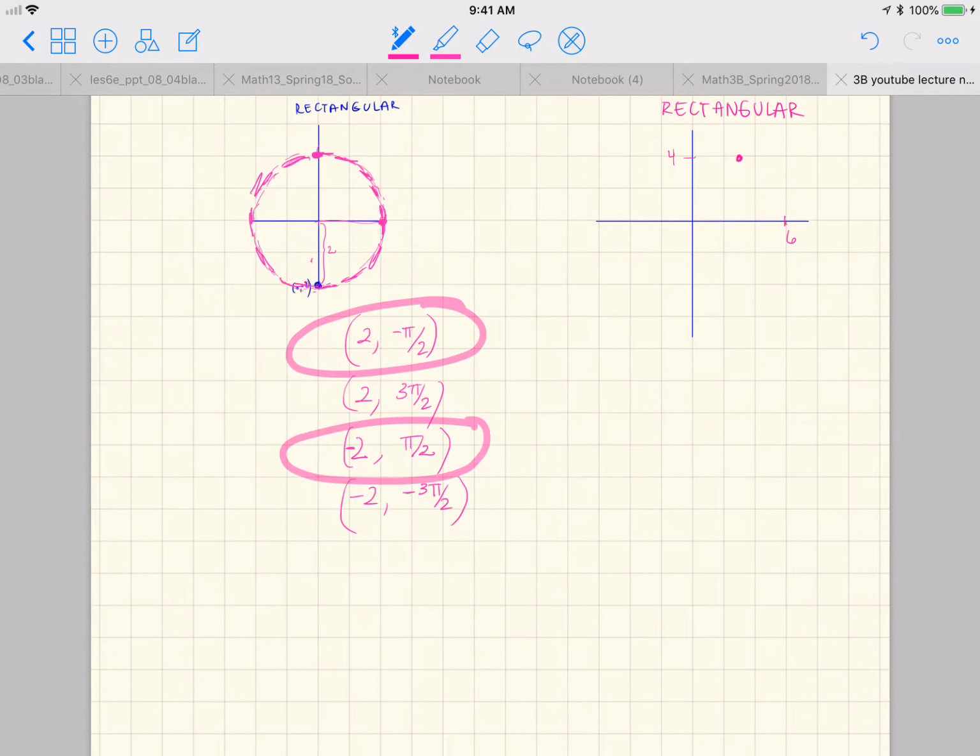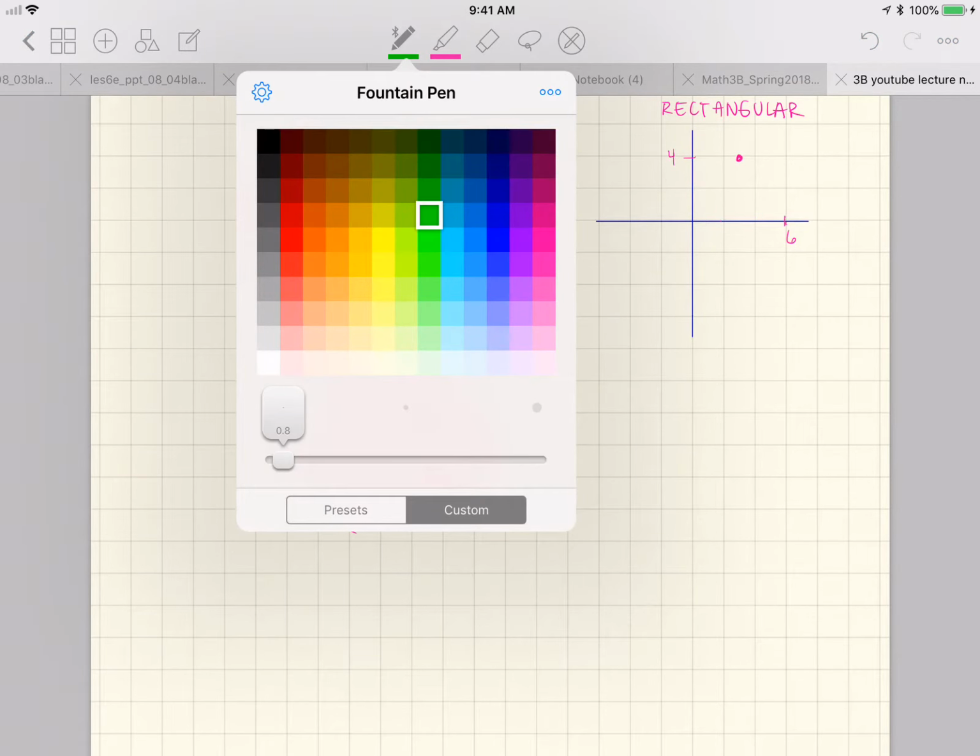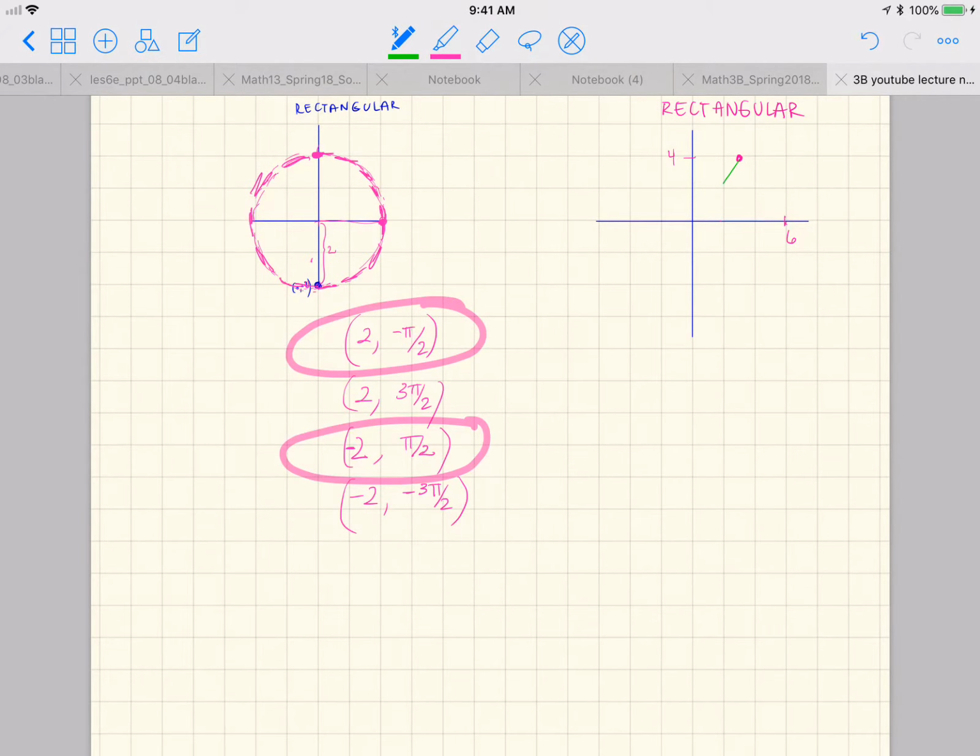For me, the easiest thing to do is to figure out r, because that's just the distance to the origin. So what is my r? I'm going to take the square root of 3 squared plus 4 squared. Is that 9 plus 16, 25? So r is equal to 5. Duh, 3, 4, 5, right? Isn't that a special right triangle? Okay, so r is equal to 5.